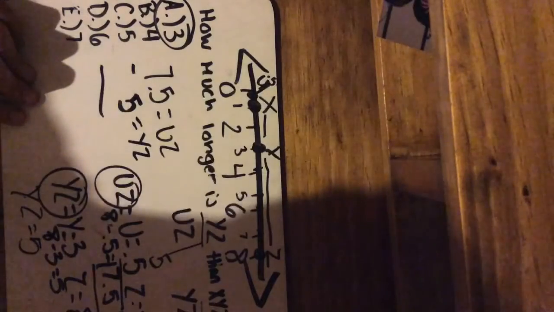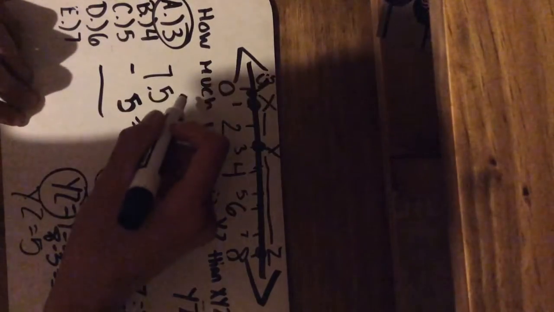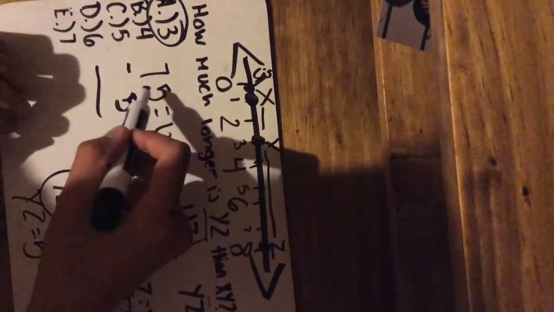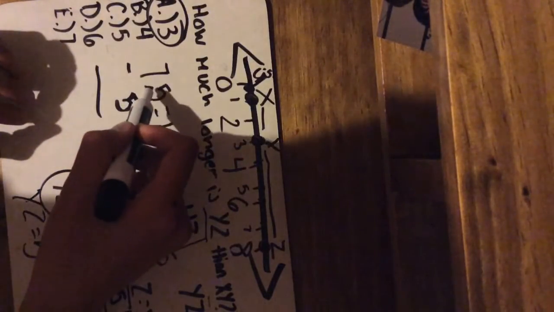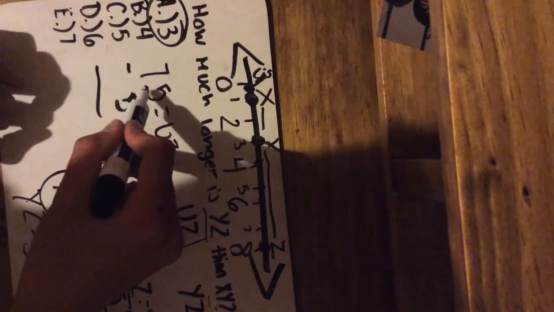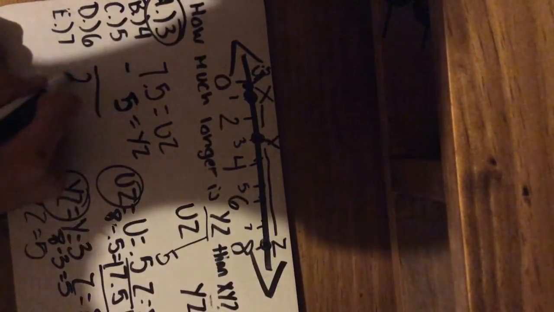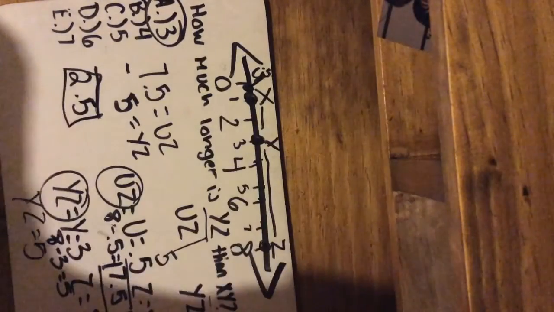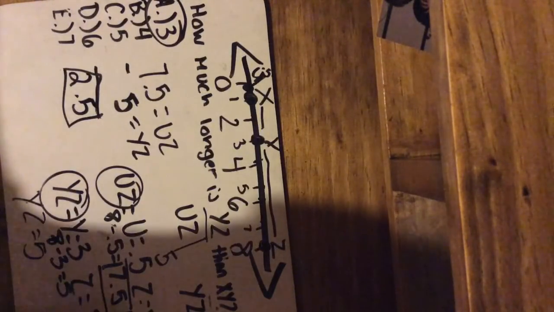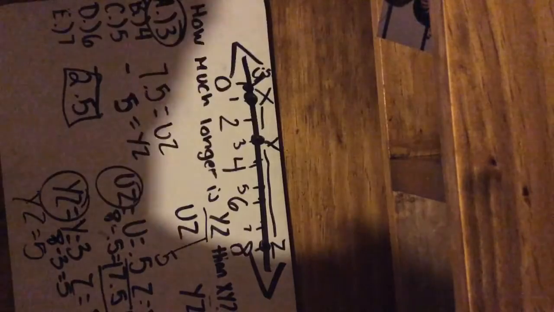Many people may think that you can just subtract the 0.5 from the 5, but we can't, because this is a whole number and this is a decimal. Like I said before, this is half of 1. So 7 minus 5 will give us an answer of 2. Bring down the 0.5. And that's how much longer UZ is than YZ. 7.5 minus 5 is 2.5. Thank you.